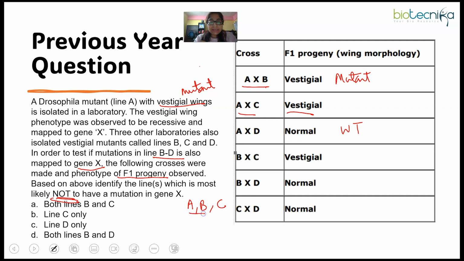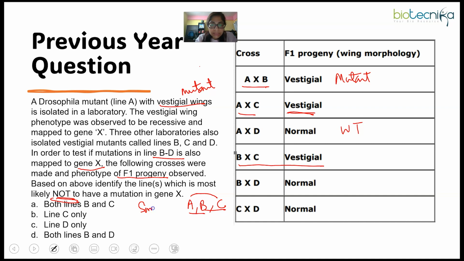AB is mutant, BC is mutant, and when you cross AC that is also mutant. So A, B, C are in the same gene.